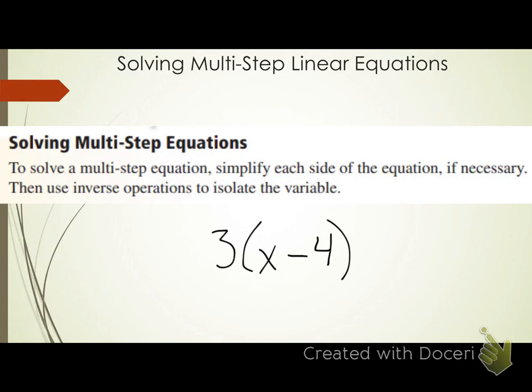So I'm going to multiply 3 times x, which would give me what? 3x. And then I have to multiply the 3 by negative 4 as well, which gives me negative 12. Every single term inside the parentheses has to be multiplied by that number outside of the parentheses for distributive property. Does that make sense?